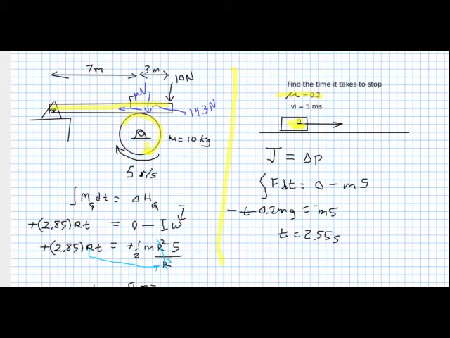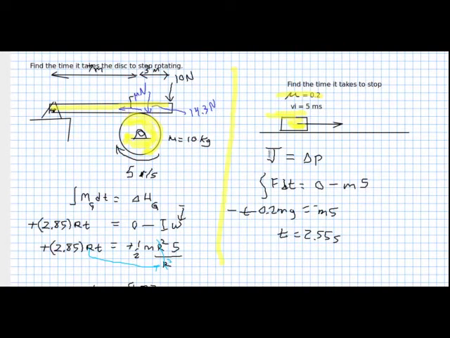Anyway, in both cases, there's an object that's moving, and on the right side the object is translating, which is our word for moving but not rotating, and on the left side the object is rotating but not translating. In both cases we're going to be slowing it down, and in both cases I want to find the time it takes to stop. So we're asking the same question in both cases.